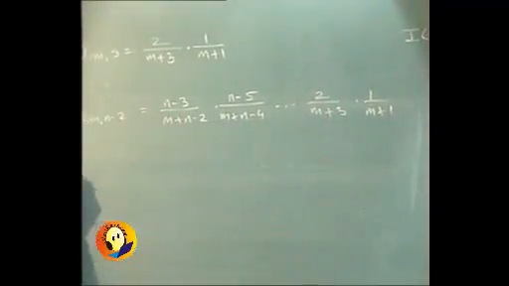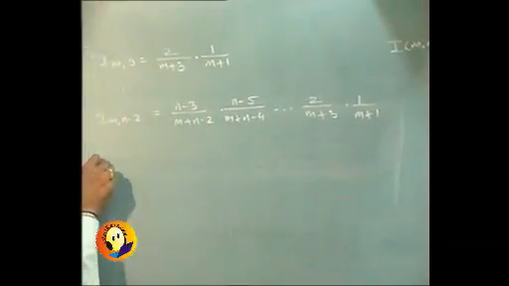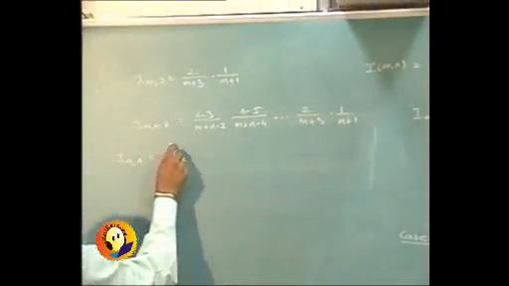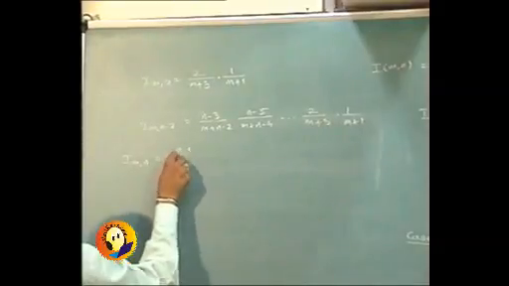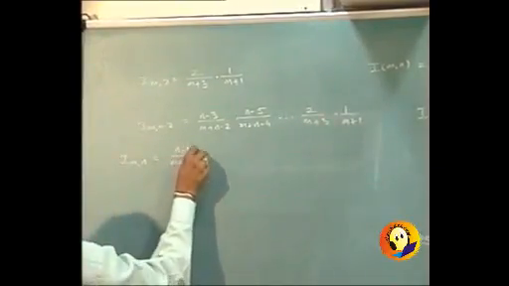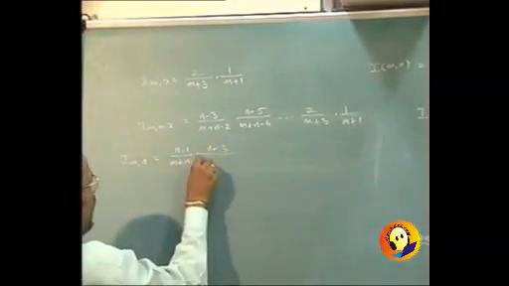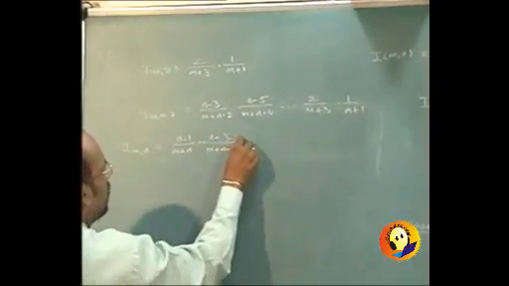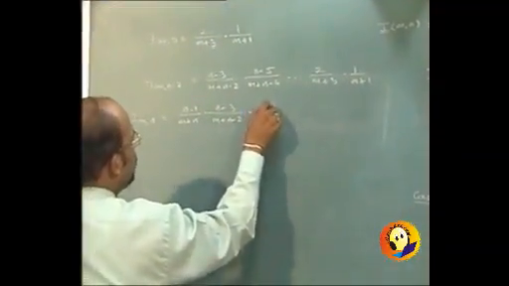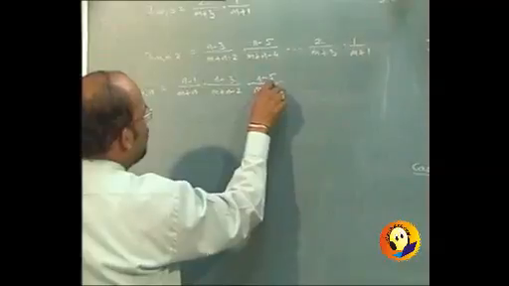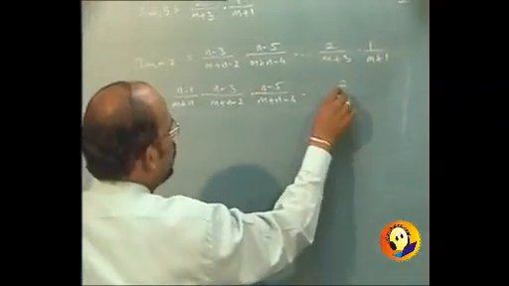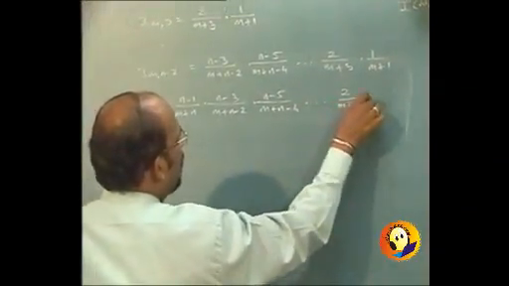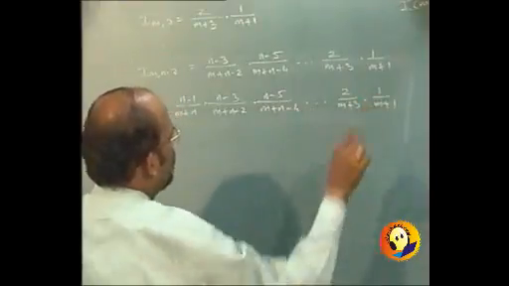And so Im comma n will come out to be n minus 1 upon m plus n into n minus 3 upon m plus n minus 2 into n minus 5 upon m plus n minus 4 etc. into 2 upon m plus 3 into 1 upon m plus 1.